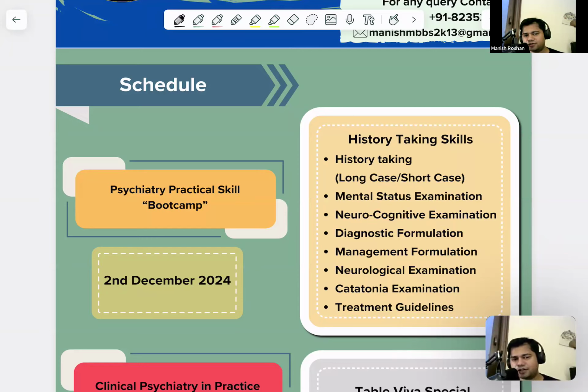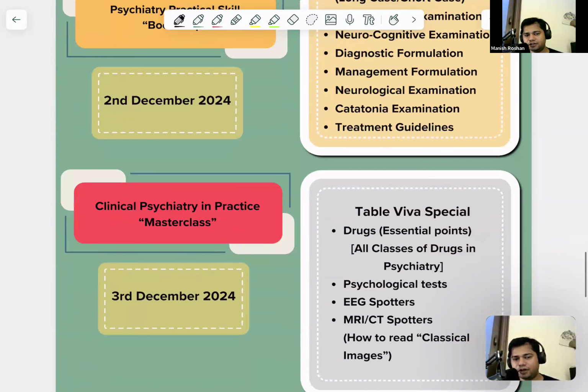If someone has registered for the boot camp, they'll be able to attend a single day lecture, on 2nd of December, and that will be over for them. If someone enrolls for the master class, they will attend the boot camp on 2nd of December, and on 3rd of December they get to attend the table viva special topics that we have discussed.